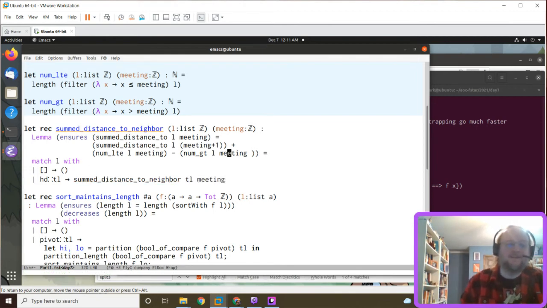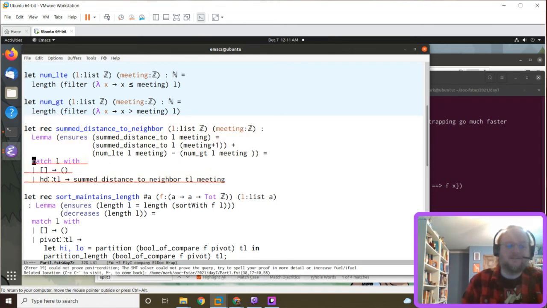And then either one of these cases should be true. Maybe it can figure it out. Nope.